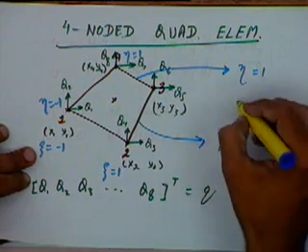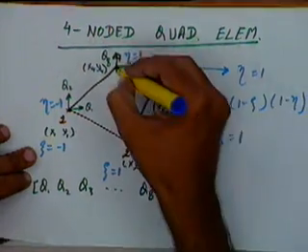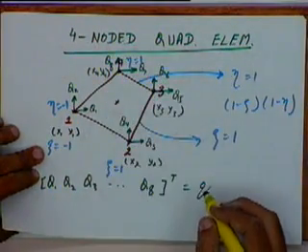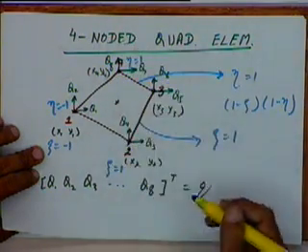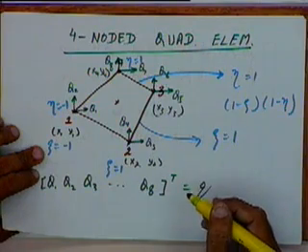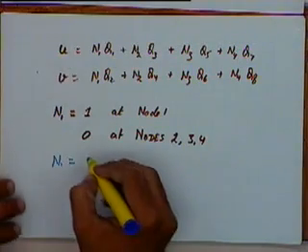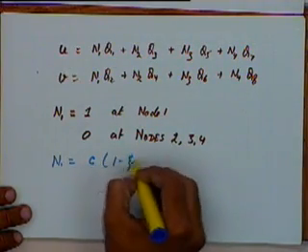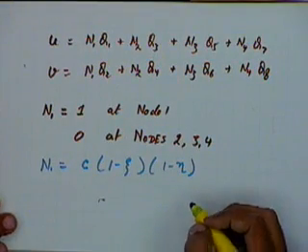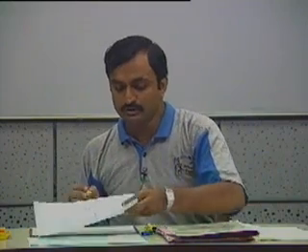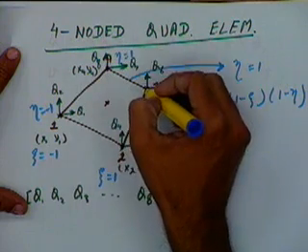So a term of the form 1 minus zeta into 1 minus eta will be 0 along this edge as well as along this edge. That means it will be 0 here, here as well as here. So n1 will be some constant multiplied by 1 minus zeta into 1 minus eta. Then n1 has to be 0 at all these 3 nodes, along this edge as well as along this edge.